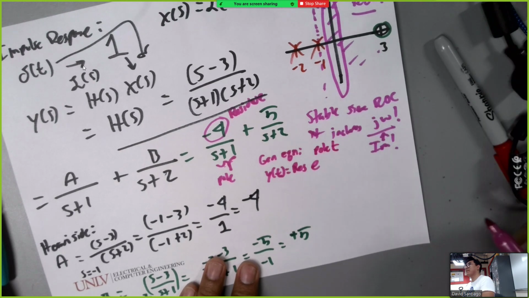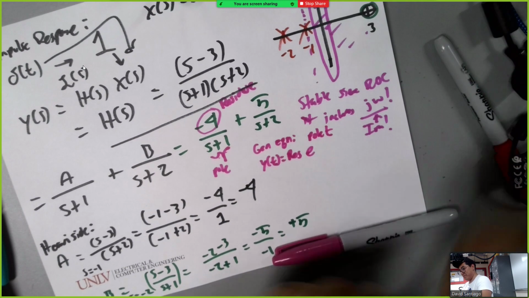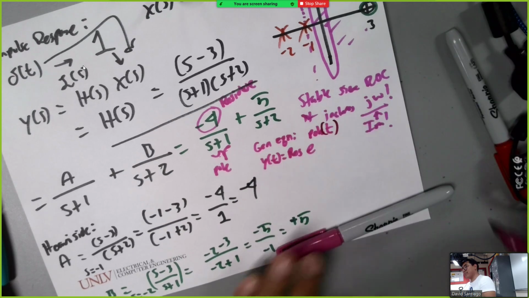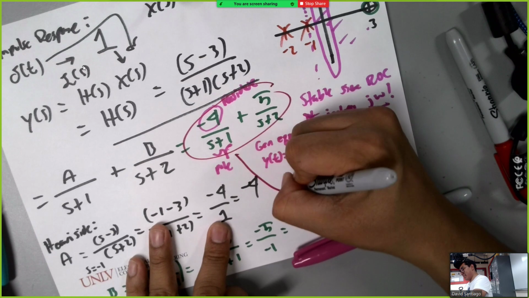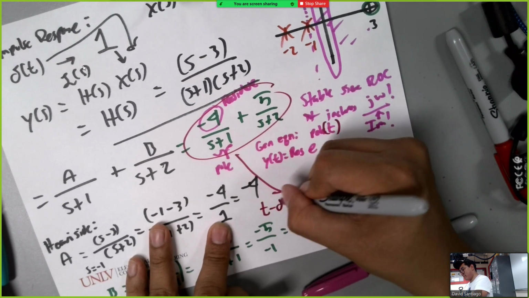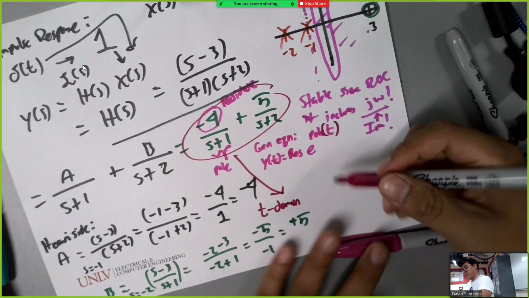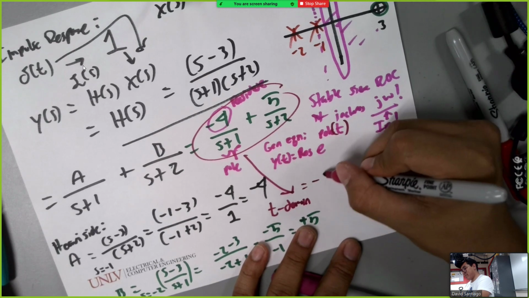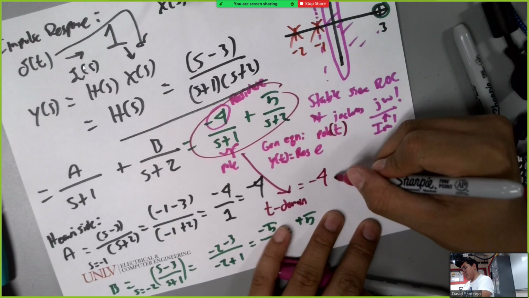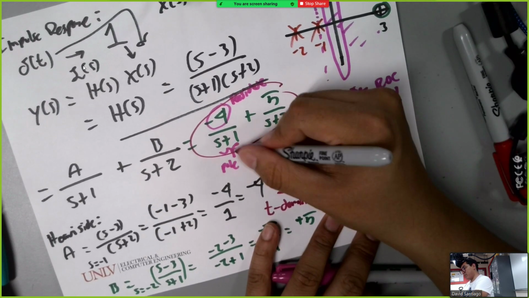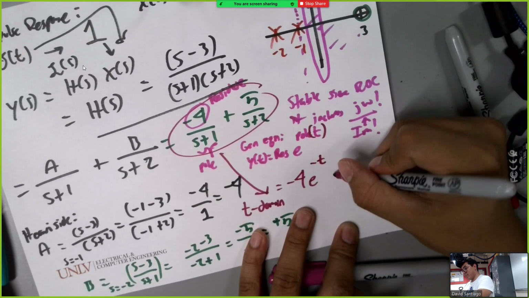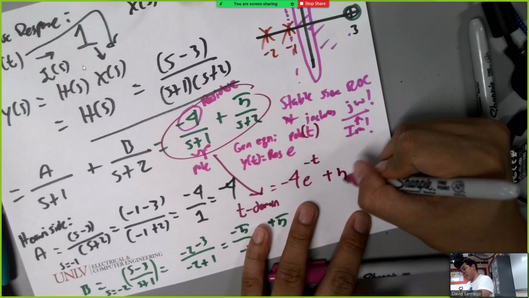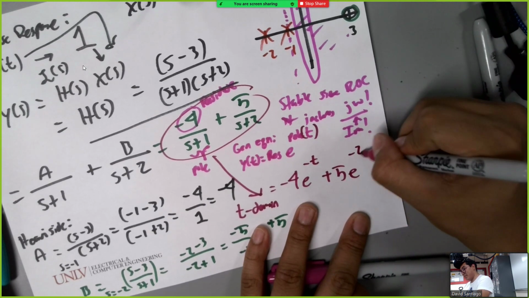Remember that? Let me put this in parentheses. Rewriting this in the time domain, what do we get? 4 e to the minus t plus 5 e to the minus 2t.